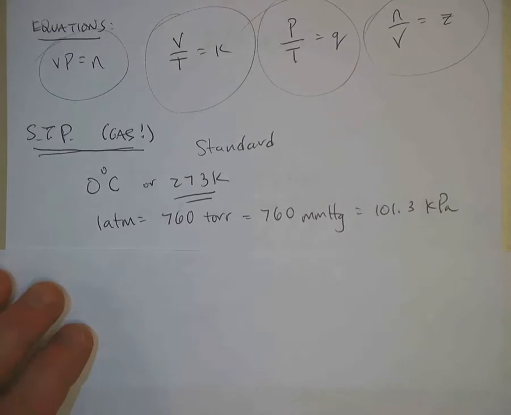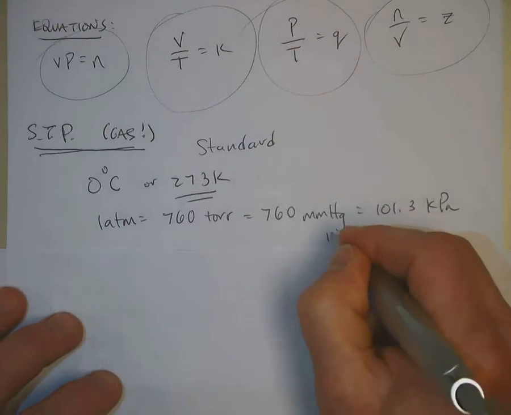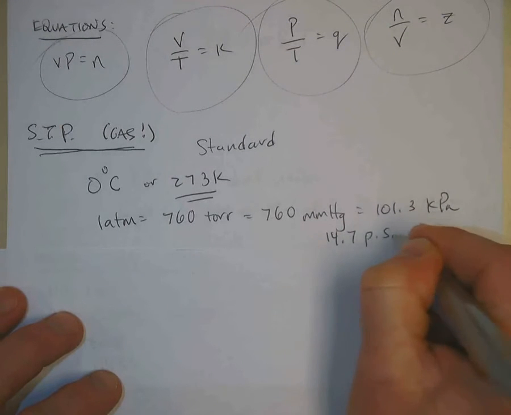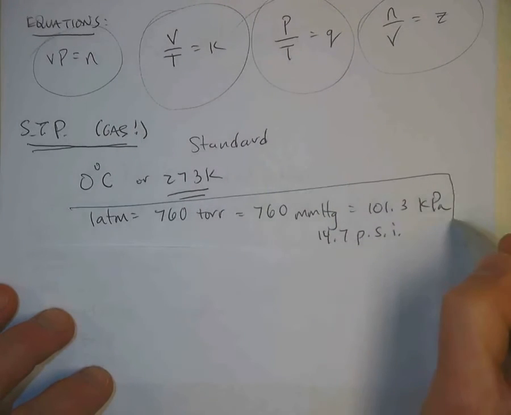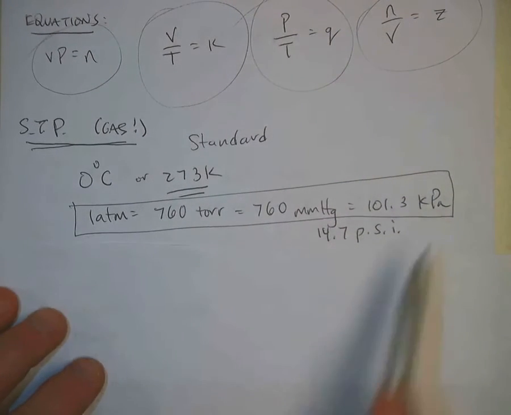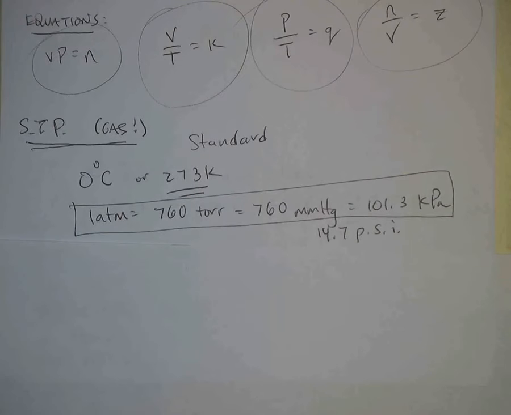Or if you want to put this into something that we use for our tires, it's like 14.7 pounds per square inch. Not used on the AP exam very much. But these are. And those are the ones that you should know indicate standard pressure for a set of gases.